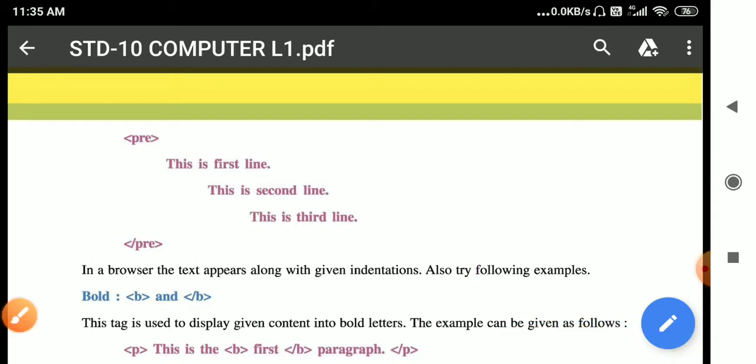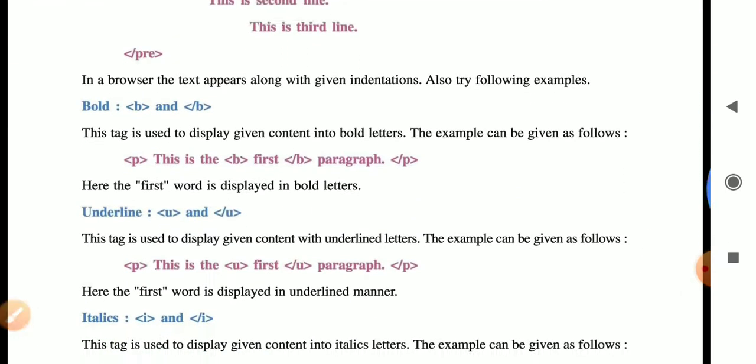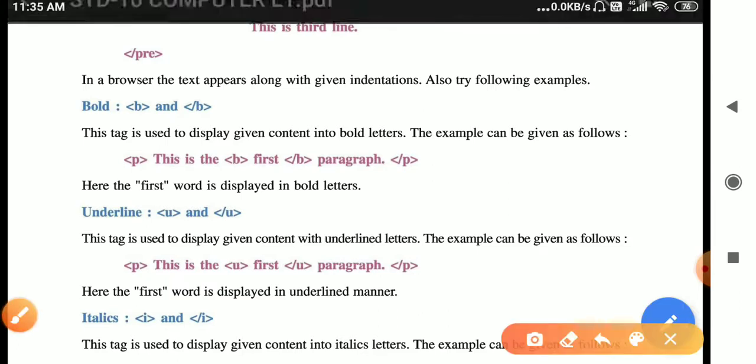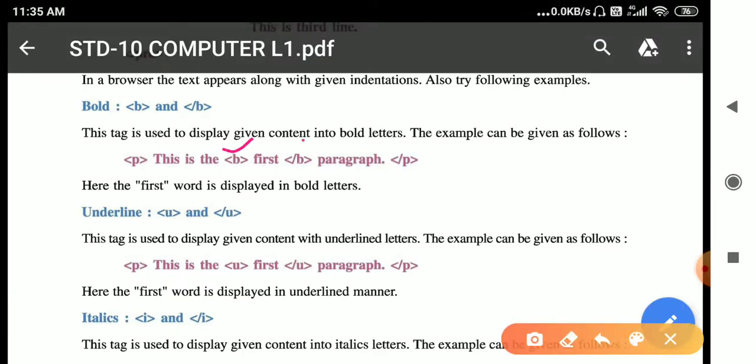Then next is the bold tag. B stands for bold. If you want certain words to come in bold, you can write B over there and end it with B. So this word first will come in bold effect. Suppose you want something underlined, then see here they have used the U tag. U stands for underline. So that word first will come underlined.